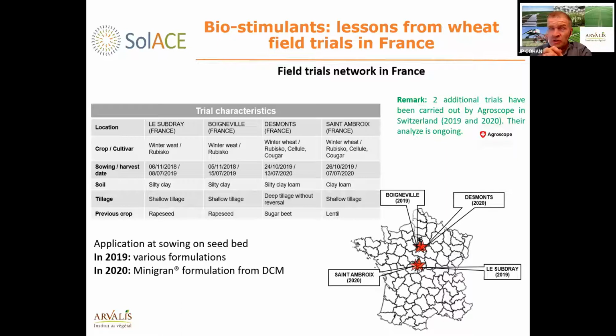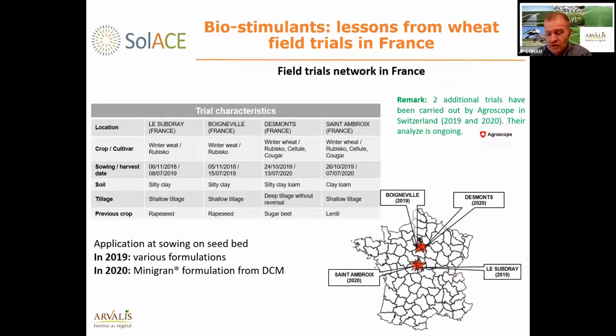Concerning the application of our microbial bioinoculant, we did it at sowing on the seed bed. In 2019, we tested various formulations, and in 2020, all the microbial inoculants were applied with a microgranule formulation from the DCM company.